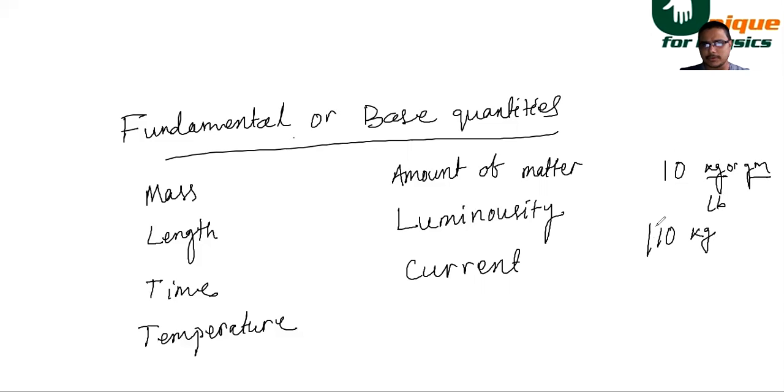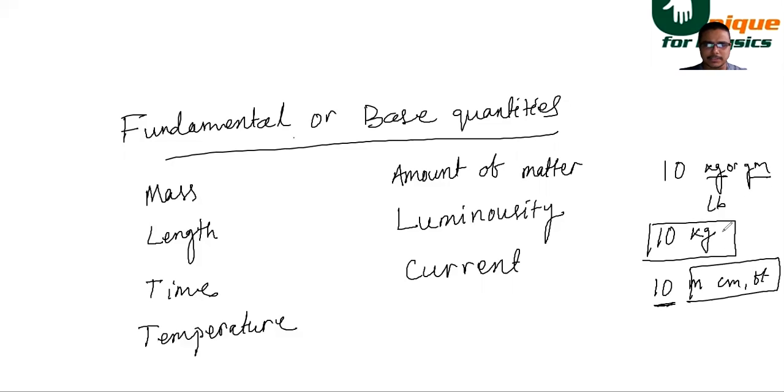Suppose I write 10 kg, then it clearly represents the mass in a particular system of units. Suppose I write 10 meter or centimeter or feet, then it clearly represents the system of unit that is used, and this represents the magnitude.